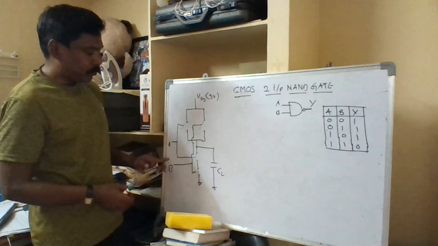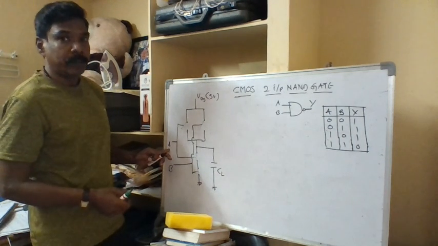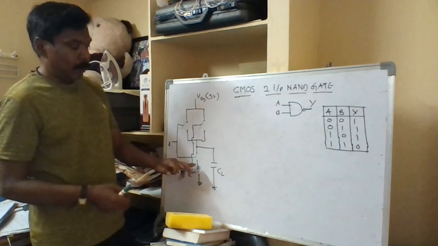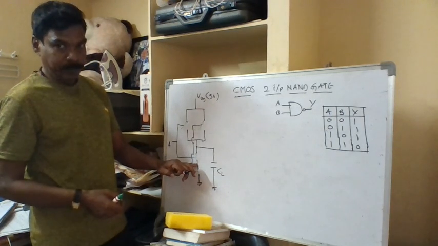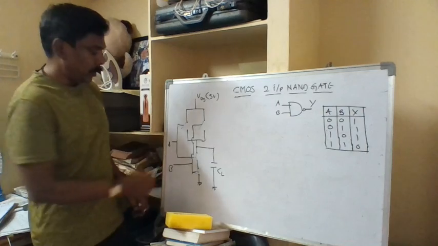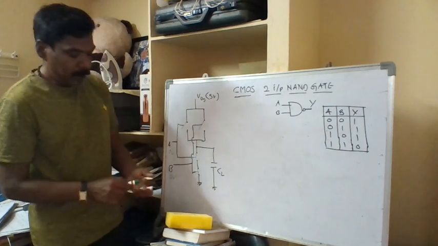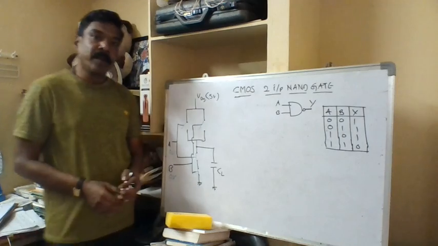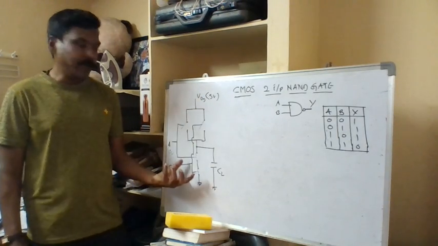Now suppose the input is given 0 volts, the corresponding switch in the output has to be closed. So this is 0 volt, 0 volt. This is the arrangement that I have made for the switches. The top switches are different from the bottom switches.